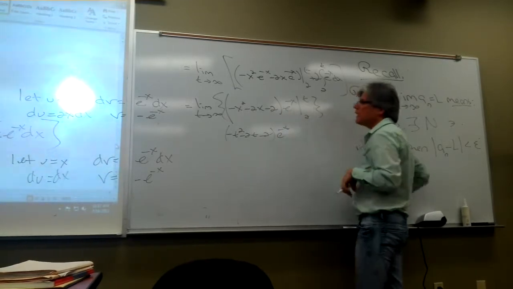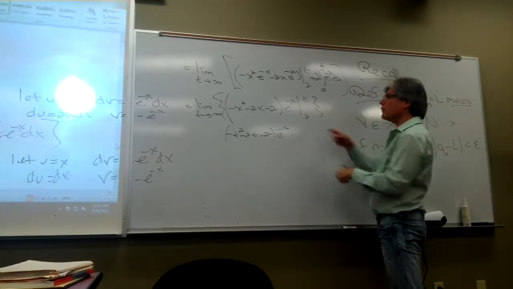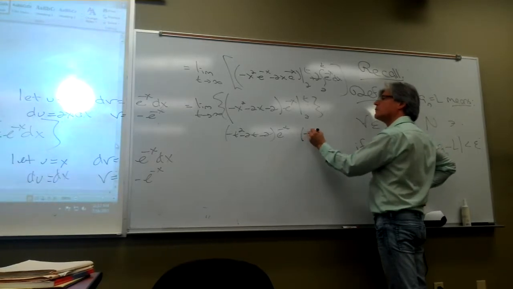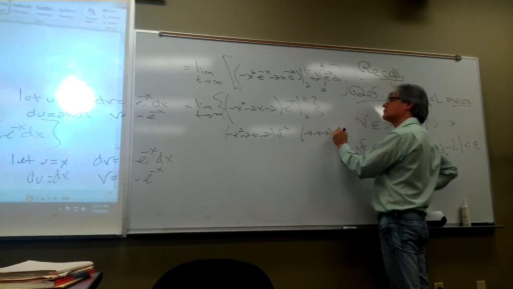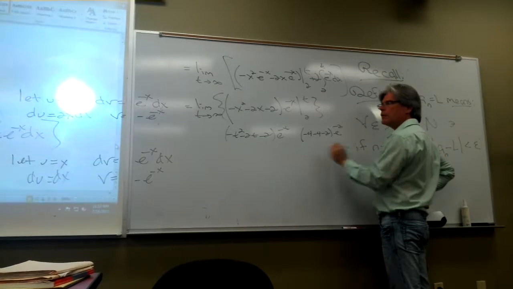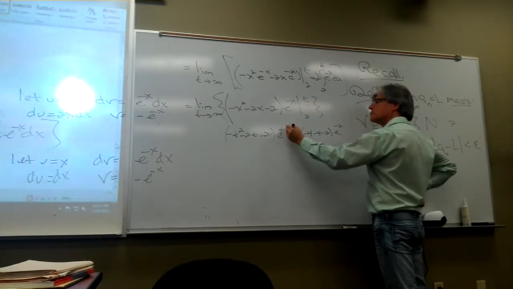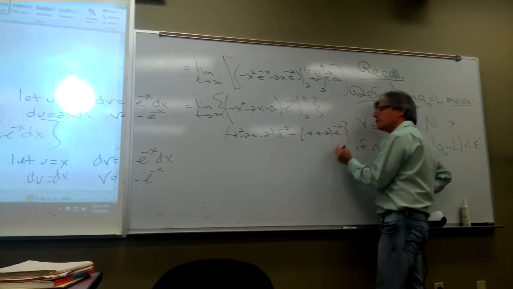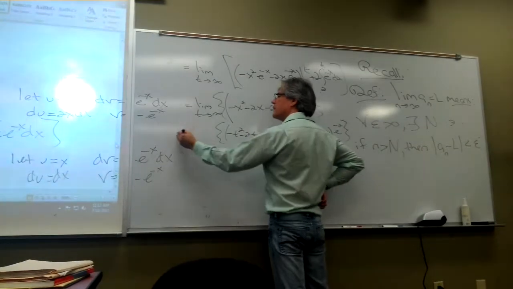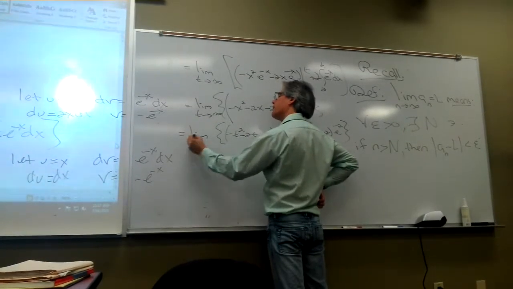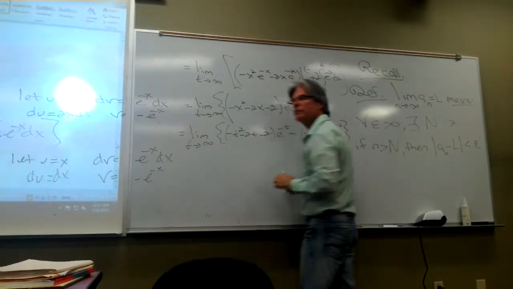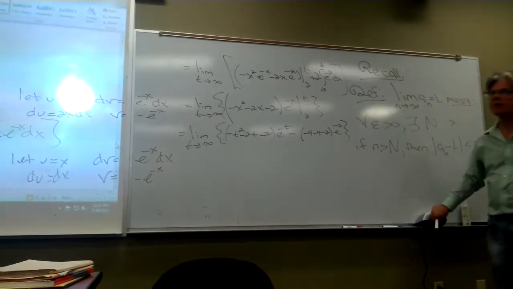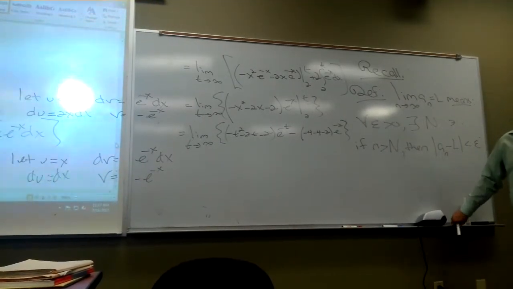Taking this antiderivative, evaluate the lower bound of integration, that would give me this. Look at their difference, and then take the limit as t plays that game. So far, so good, you guys. What's next?